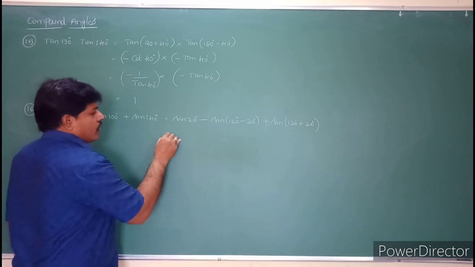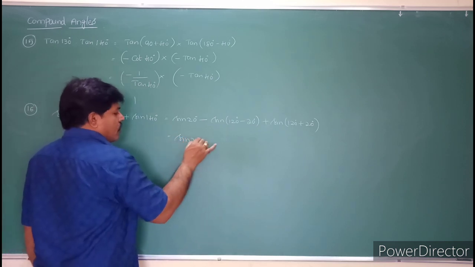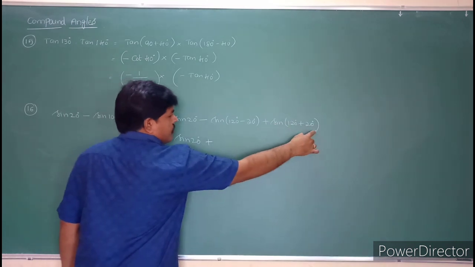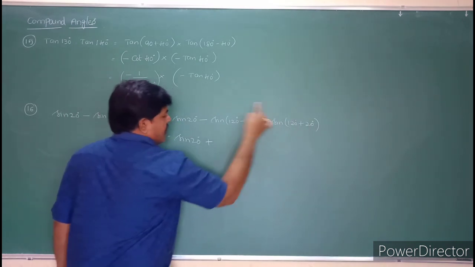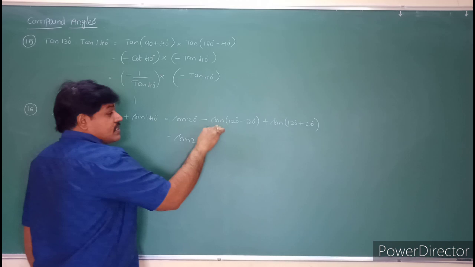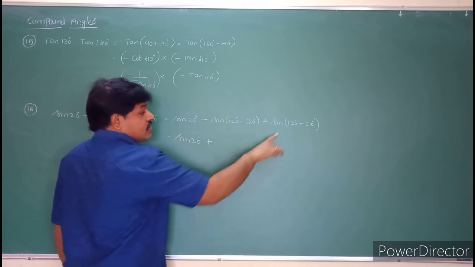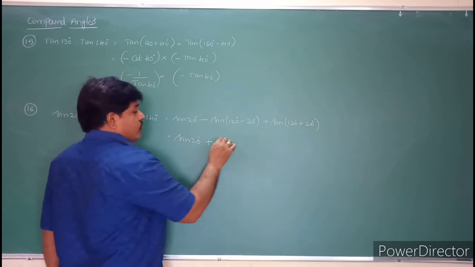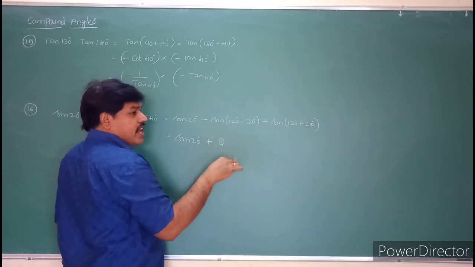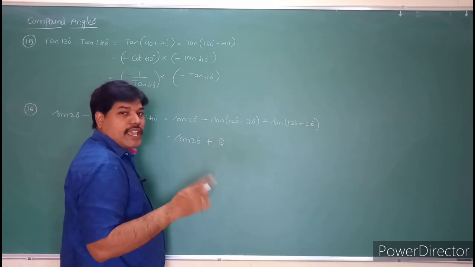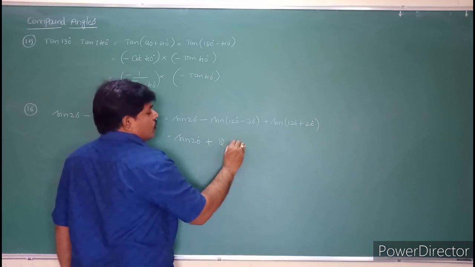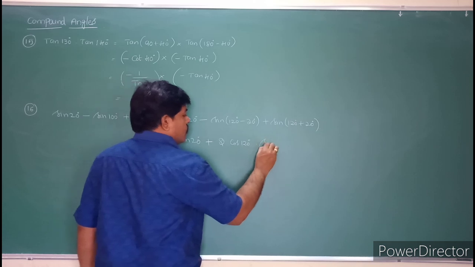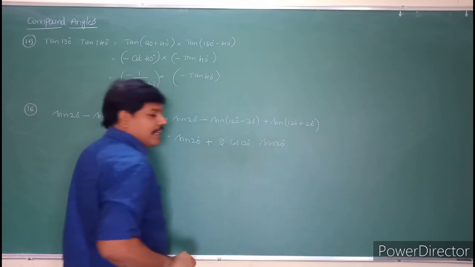Okay, so see this one, how to calculate this? Sin 20 degrees plus sin of a plus b minus sin of a minus b. What is the formula, students? Sin of a plus b minus sin of a minus b is 2 cos a sin b. So 2 cos 120 degrees into sin 20 degrees.